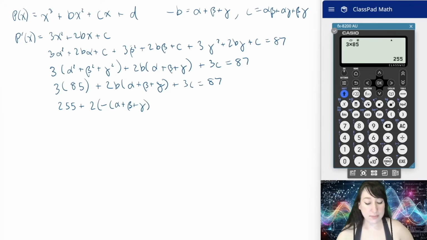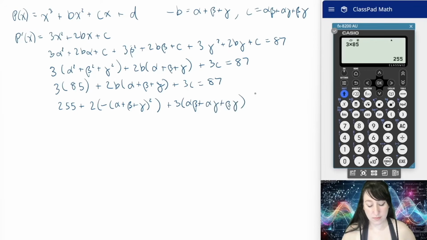Now, alpha plus beta plus gamma is going to be multiplied by itself, so we'll have that squared. And let's move that 255 to the other side.